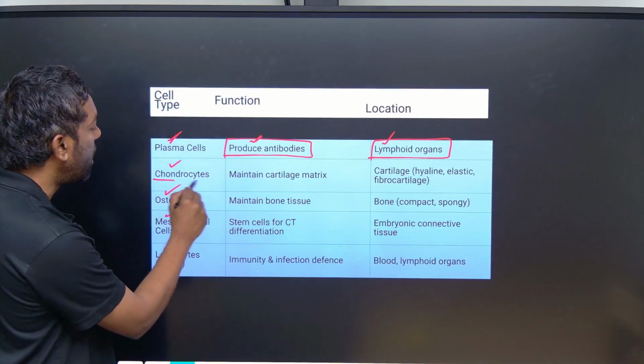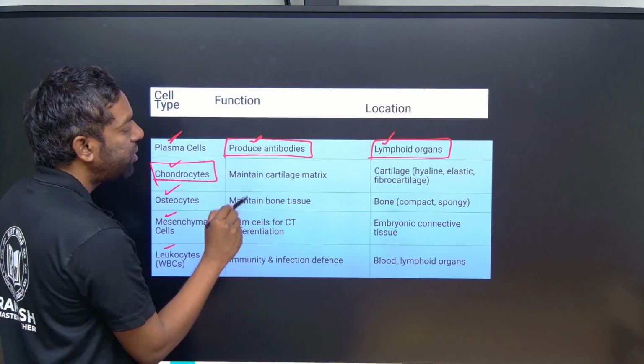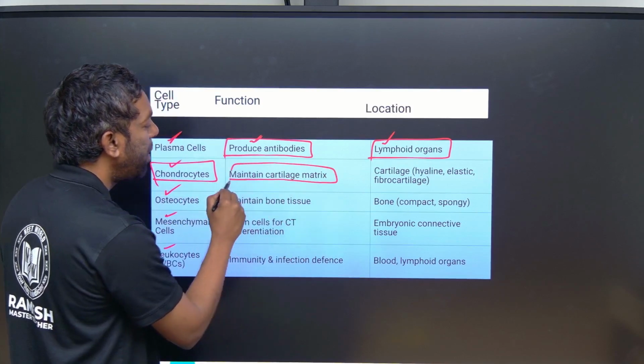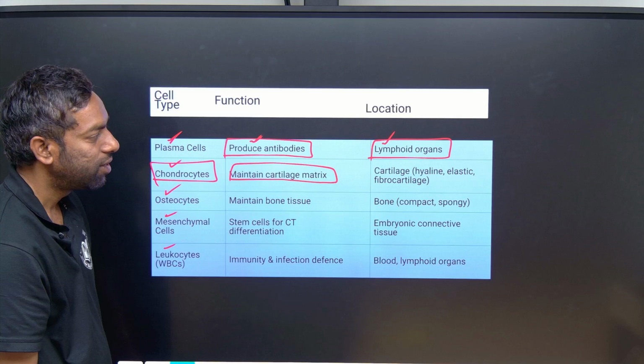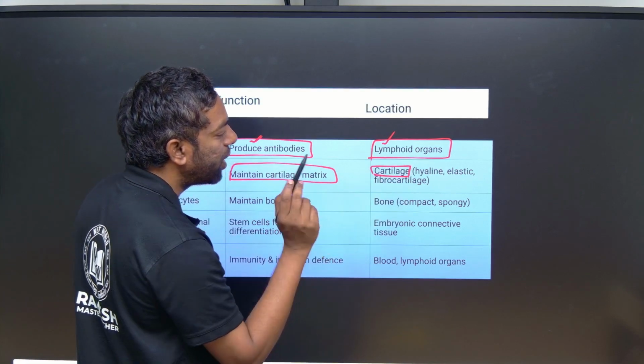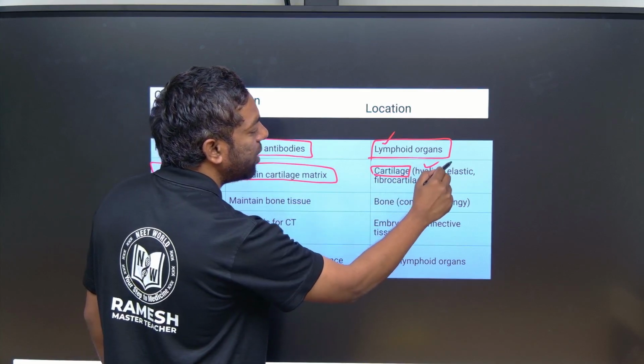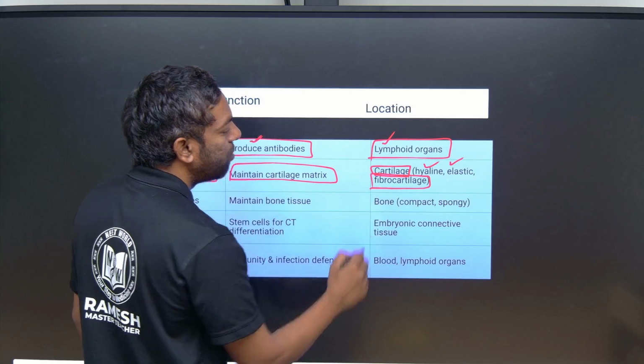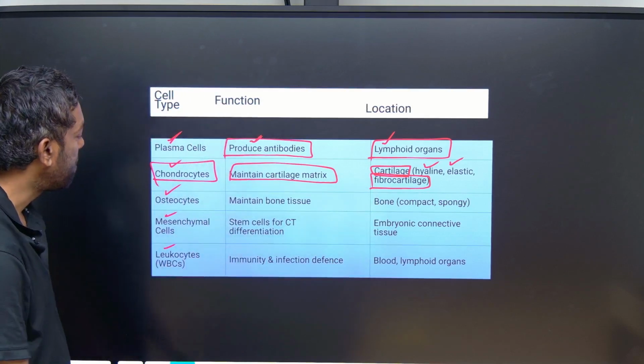Chondrocytes maintain the matrix in the cartilage, located in different kinds of cartilages: hyaline, elastic, and fibrous cartilage.